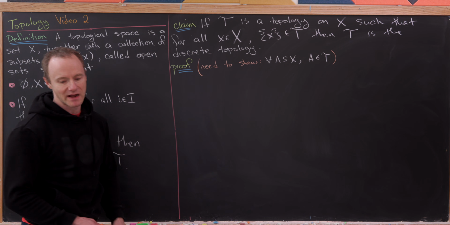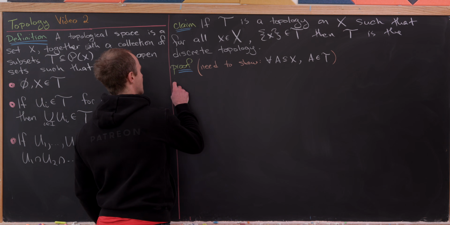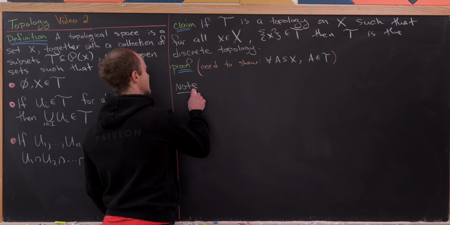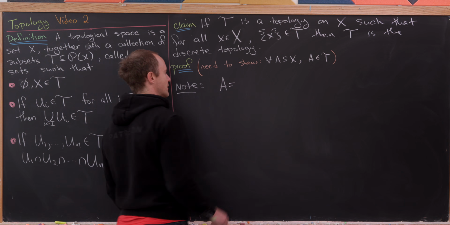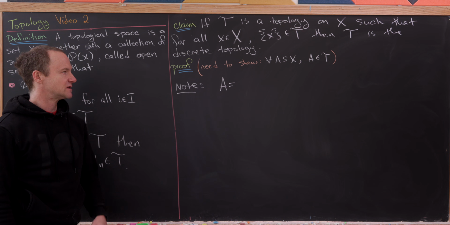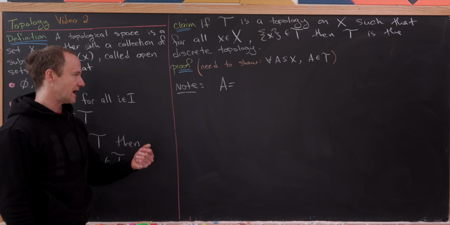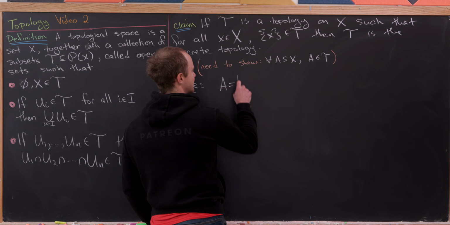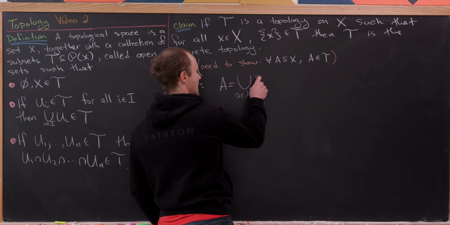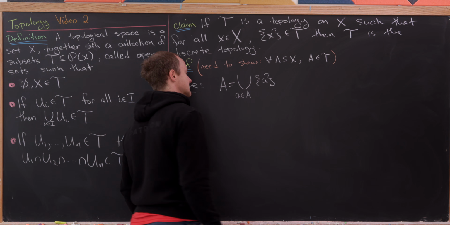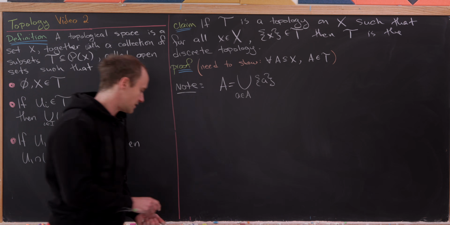Okay, so how might we do that? Well, it's actually very quick if you know the trick. And that trick has to do with the way that we can write a set A. So let's say we've got a subset A, then A can be written as follows. It's going to be the union over all a in A of the singleton containing a. But check it out.